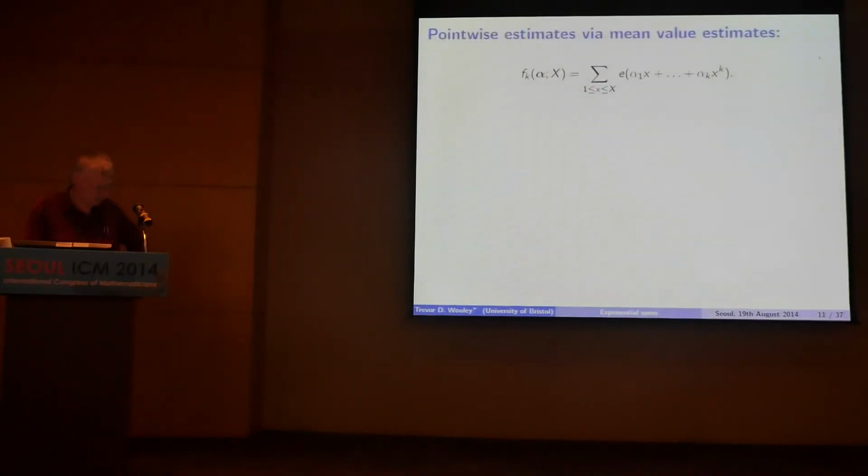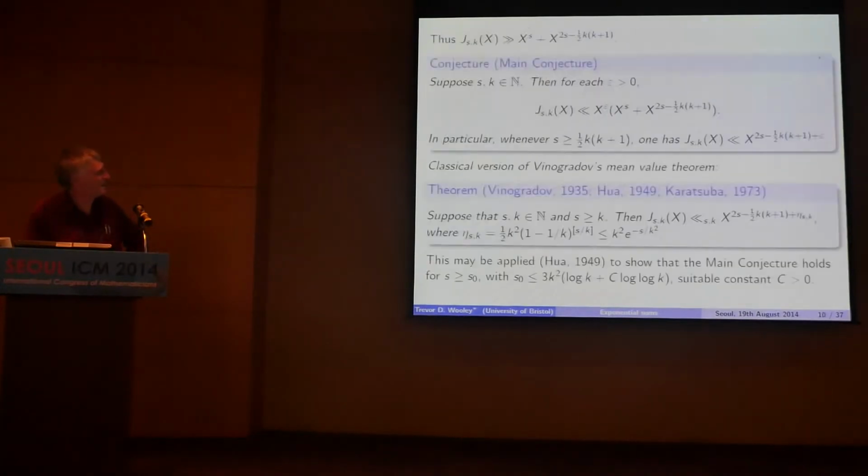K squared log k is not a bad limit on the number of variables you need to establish this estimate, but it's not really very close to the optimal estimate. We'd expect to achieve an estimate which is optimal already if you have a half k plus 1 variables. So we're missing by log k, which when k is large is a big miss.